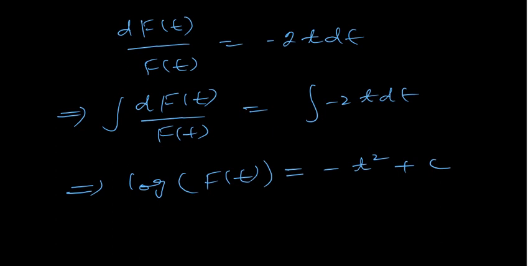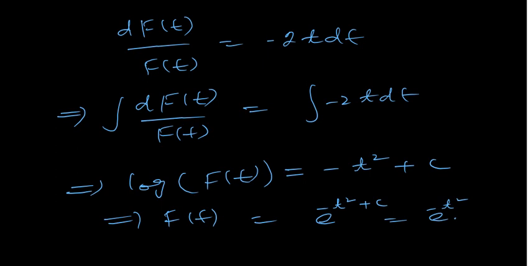So you can write this f of t as e power minus t square plus some c. This is equal to e power minus t square into e power c, it's again a constant, let me write it again as c. So f of t is equal to e power minus t square into the constant of integration.